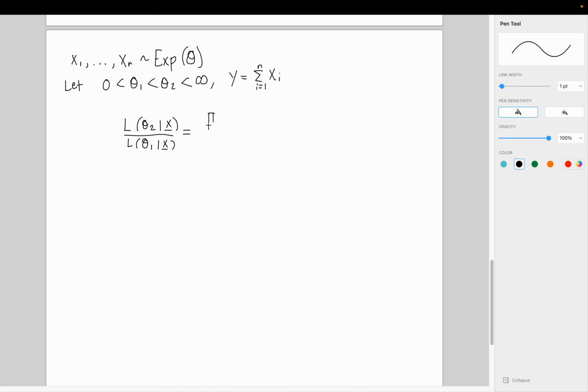Since I have lots of data values, I have to take the product of their densities. And the same thing is on the denominator.